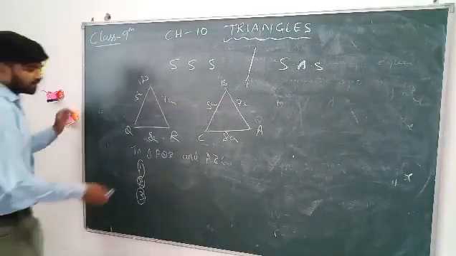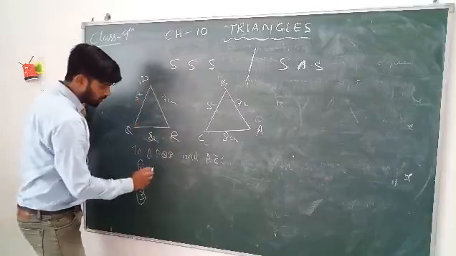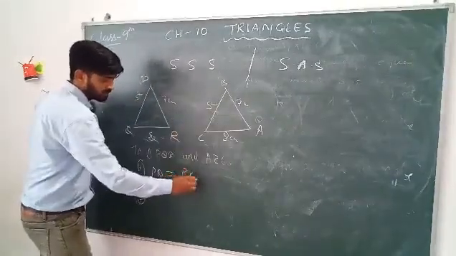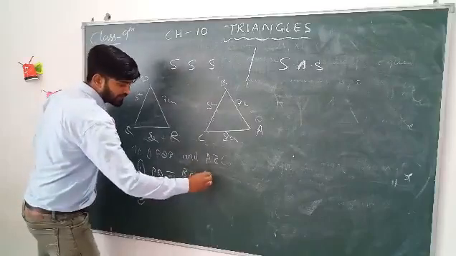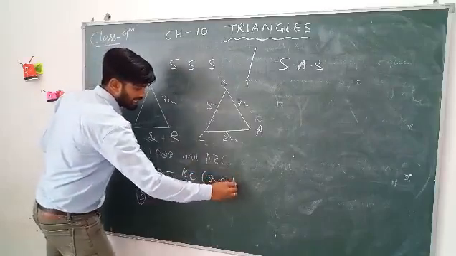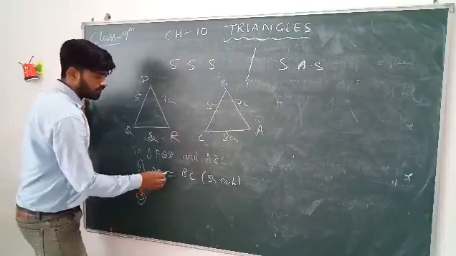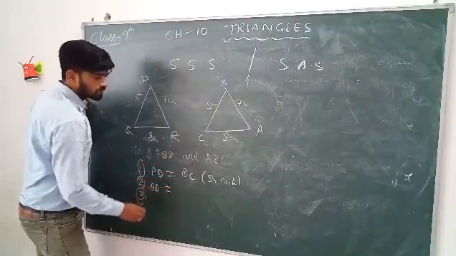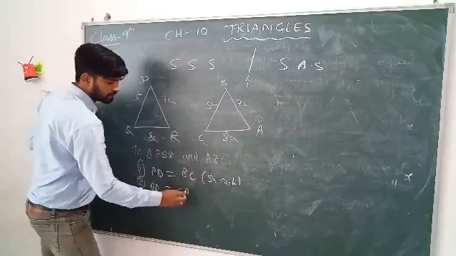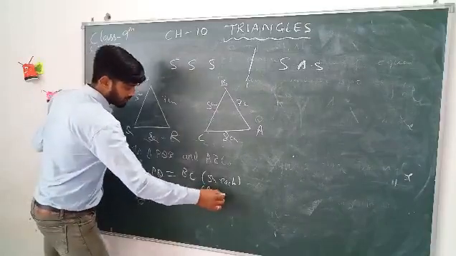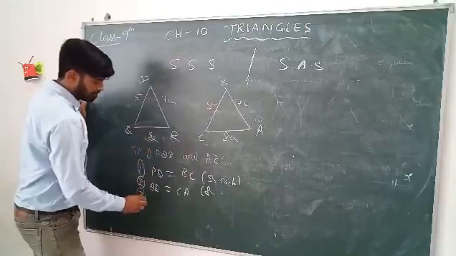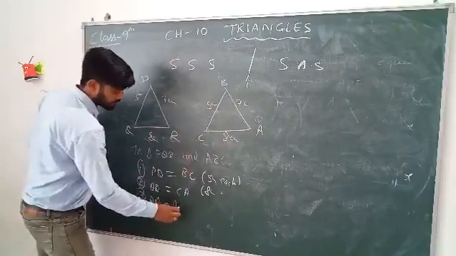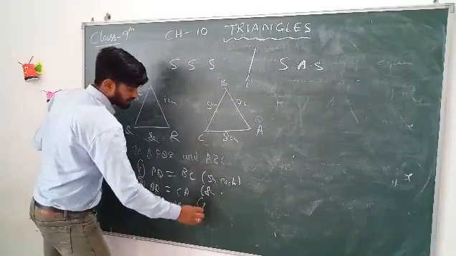The very first proof that I have is PQ equals BC, 5 centimeter each. I can write the reason in the bracket. And the same for this, QR equals CA, 8 centimeter each, and then PR equals BA, 7 centimeter each.